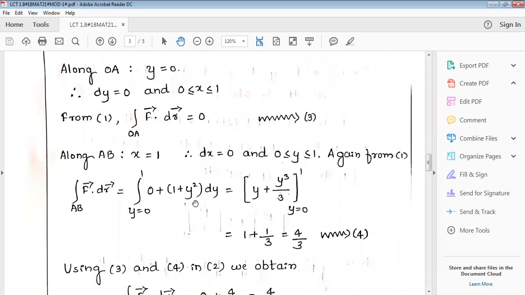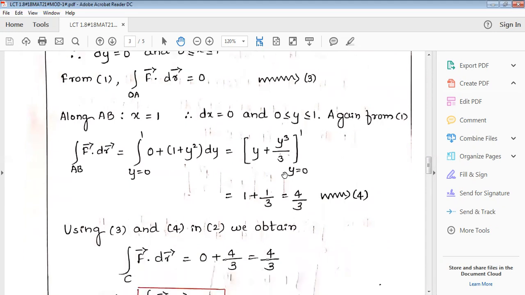When you integrate, it is y plus y³/3, with y varying from 0 to 1. So it is 4/3. Call this equation 4.